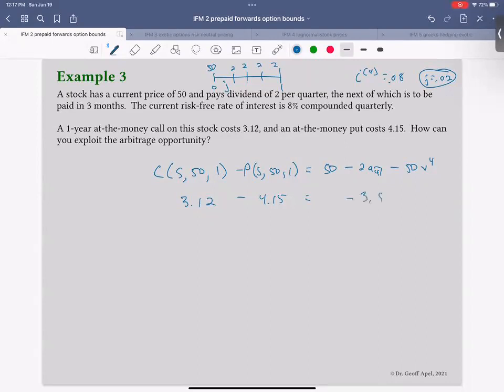I got negative 3.8077. All right, and then the left side, 312 minus 415, negative 103. All right, so clearly this is not equal. Okay, so definitely something's wrong here.